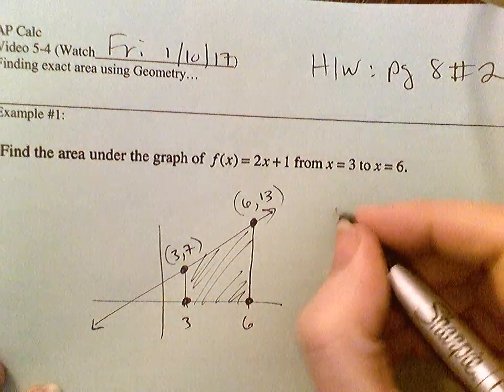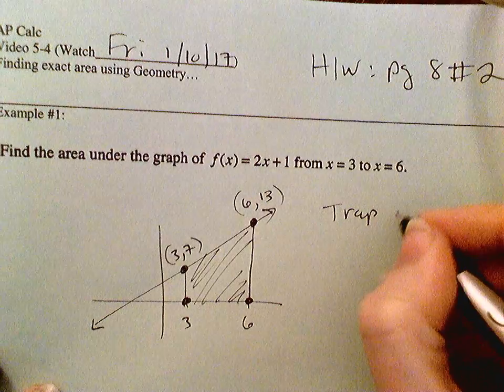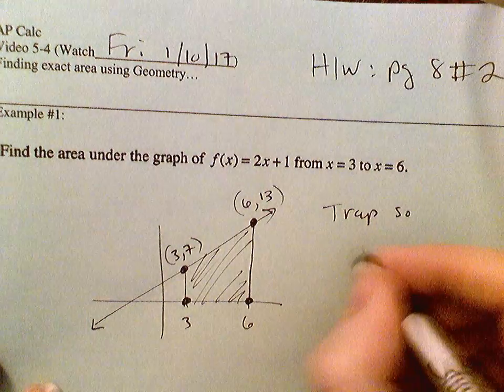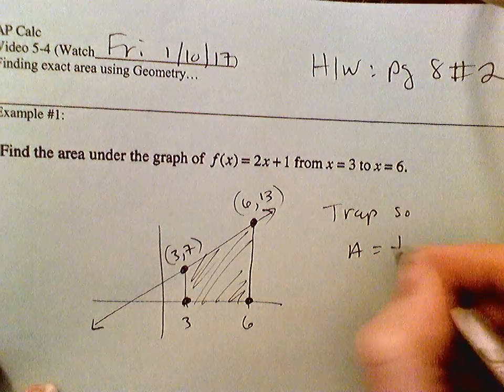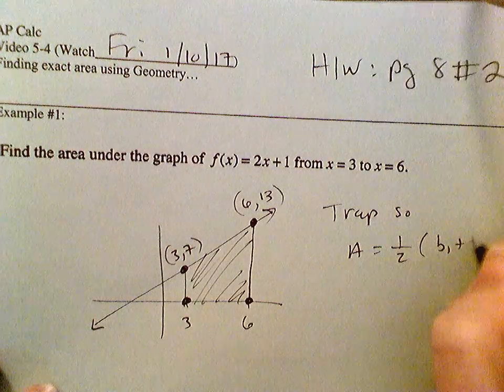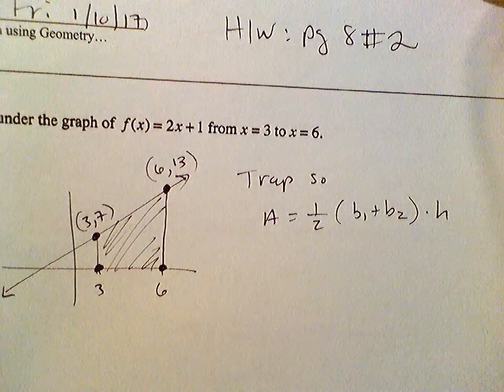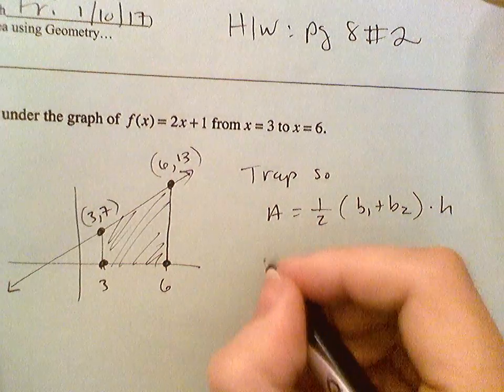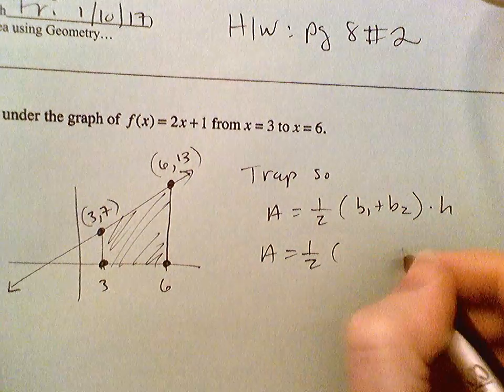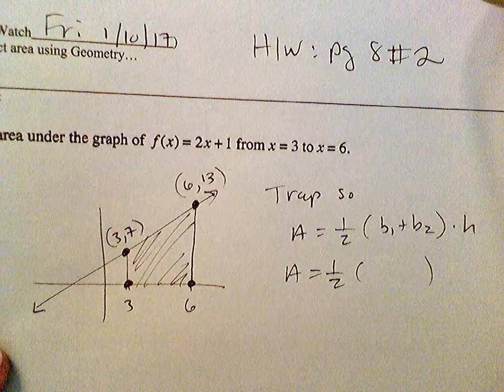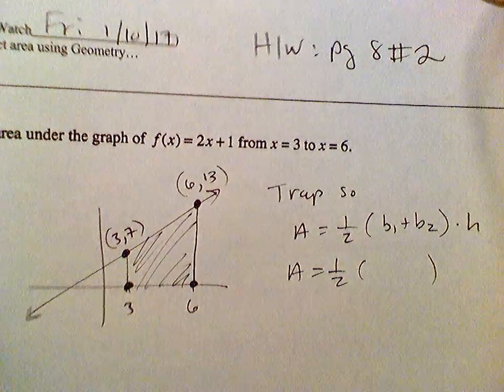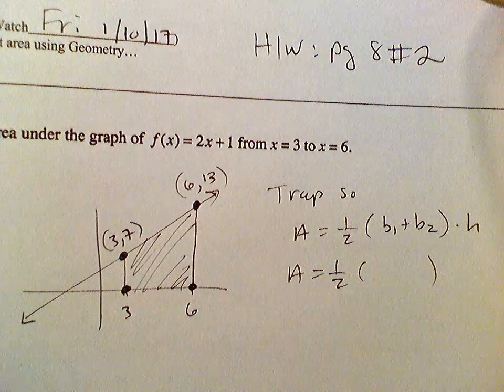Now here's an observation. This shaded area is a trapezoid. So the area is going to be 1/2 base 1 plus base 2 times the height. Okay, so in this case it's going to be 1/2. This is a trapezoid that's like on its side. Okay, the bases of a trapezoid are the parallel sides.